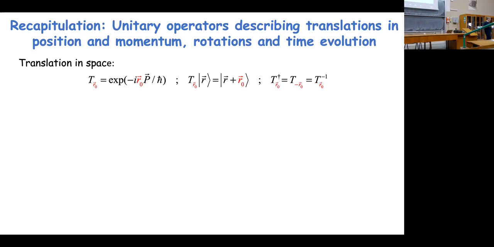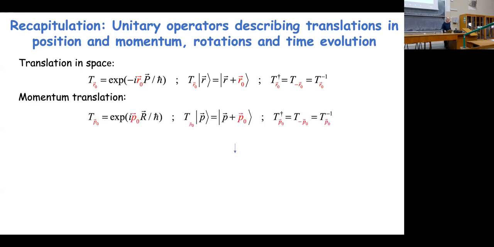So you see that the linear momentum is a generator of translations. And we have also seen that if you apply the exponential of the position operator, you get a translation in momentum space. This operator brings the state p to p plus p naught, which is translating in momentum space.